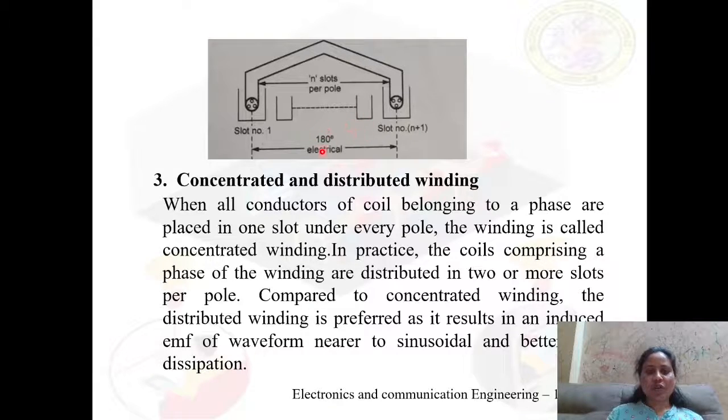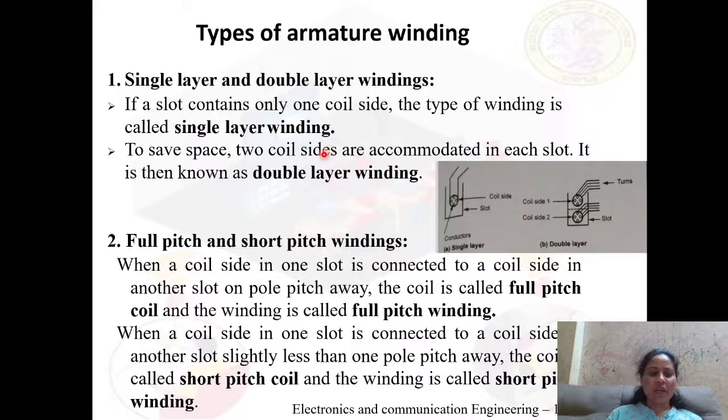This is called the pole pitch angle, and whenever the coil side in one slot is connected to the coil side in another slot, and if it is one pole pitch away, that is 180 degrees away, then such coils are called a full pitch coil. I repeat, when one coil side is connected to the other coil side, and if they are one pole pitch away, that is 180 degrees electrical apart, then such a coil is called a full pitch coil, and the winding is called a full pitch winding.